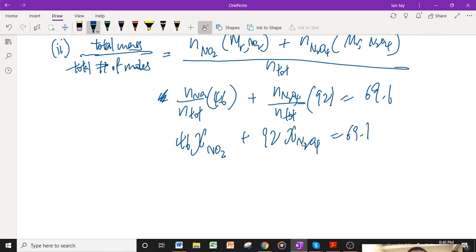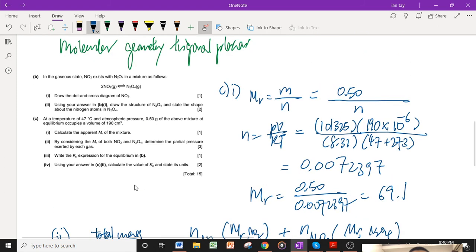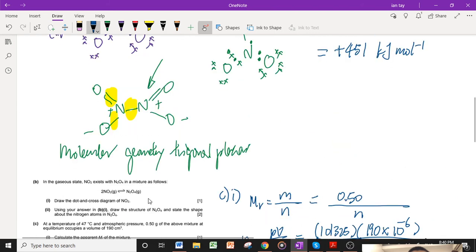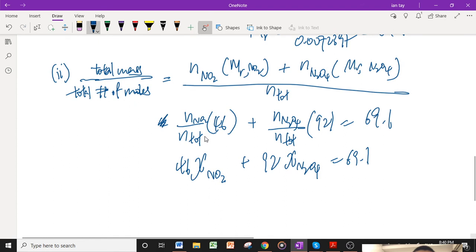But you do realize that, because there are only two components in the gaseous mixture, let me double check: what is the above mixture? Okay, there are no other gases, so the sum of the two molar fractions will be equal to 1.